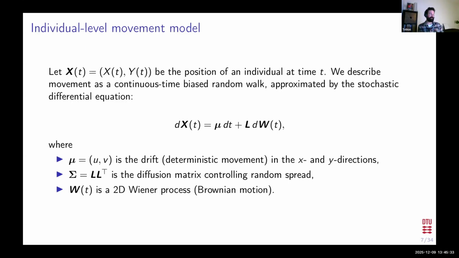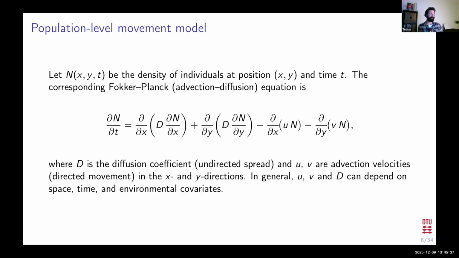With that, we can describe the track of an individual. If we do that on the population level, then we arrive at this advection diffusion equation that Jim and Ina showed earlier.